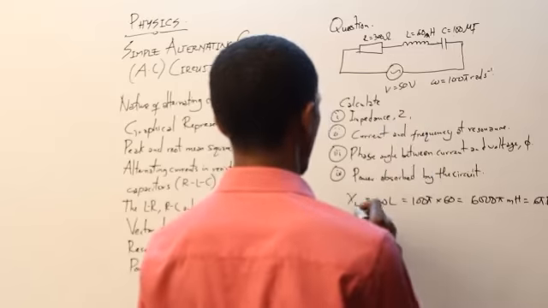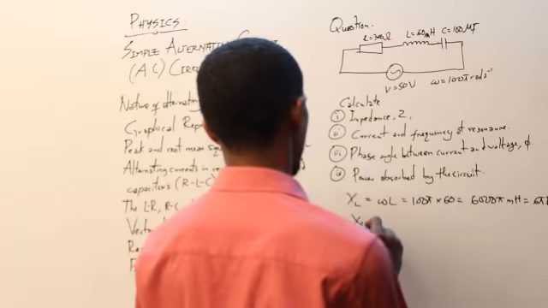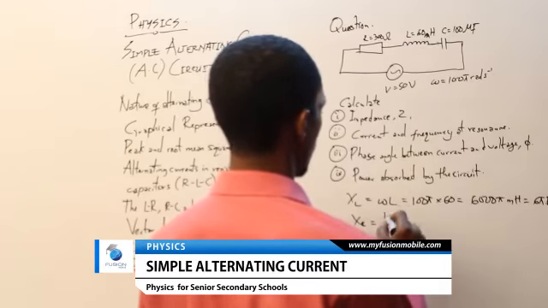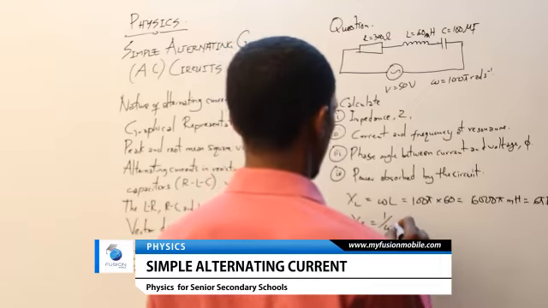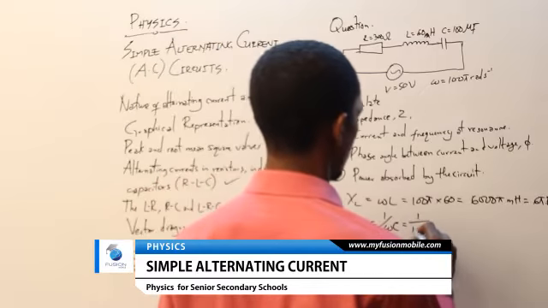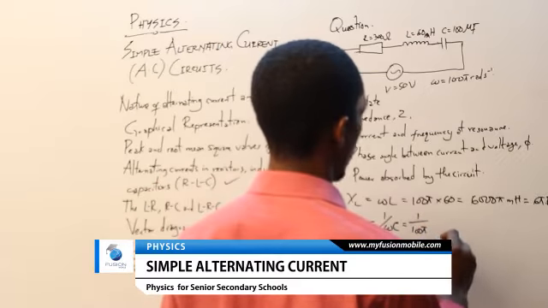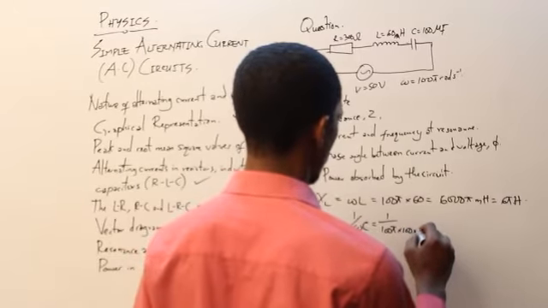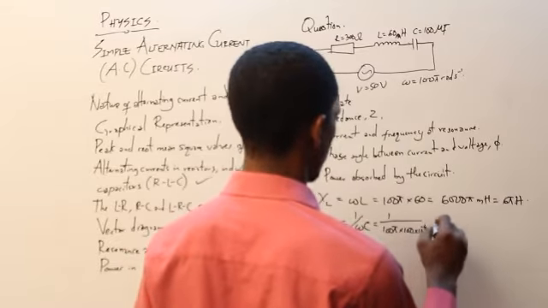Also, we'll come to the capacitance. The capacitive reactance is 1 over omega C, which is 1 over 100 pi multiplied by 100 micro, that is 10 raised to the power minus 6.